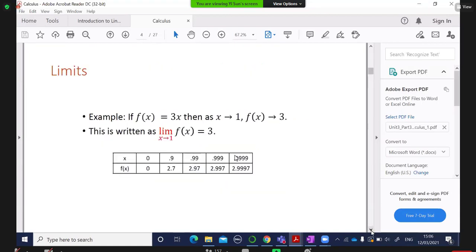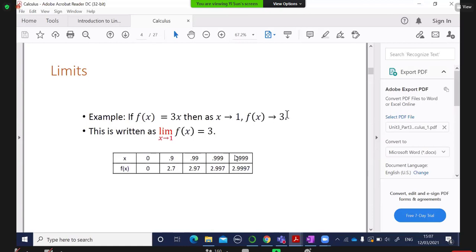Let's start with limits. Here is an example. When x approaches 1, the function f(x) is defined as f(x) = 3x, and the function approaches 3. x starts from 0 and approaches 1, and the function 3x goes from 0 to about 3.